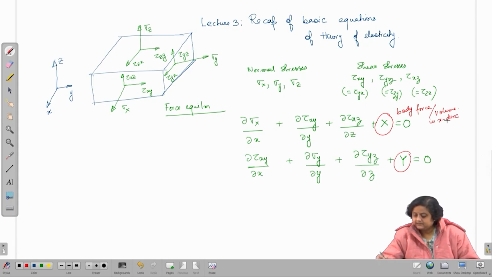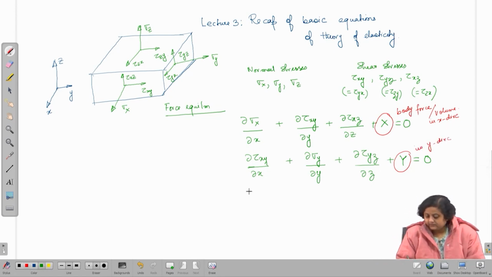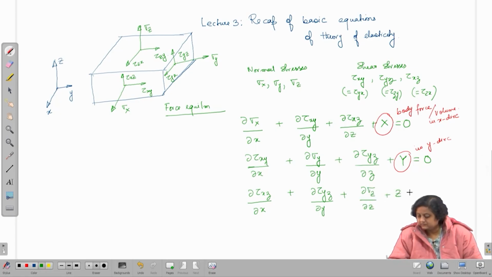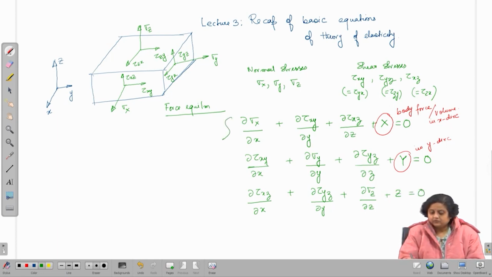This is in x direction and this is in y direction. The next equation that we have can be written as follows. All of us are well acquainted with this equation, but this is just for completeness and to get reacquainted with the equations that we will be dealing with a lot in the coming lectures. Okay. So, these are the three equations of equilibrium.